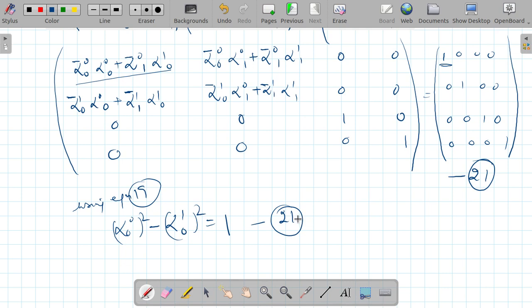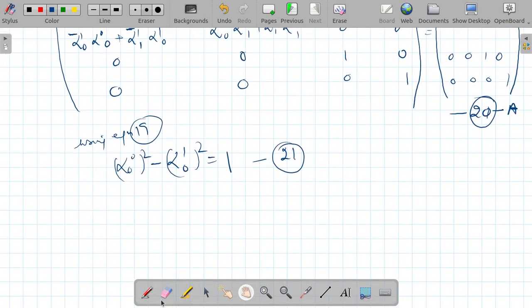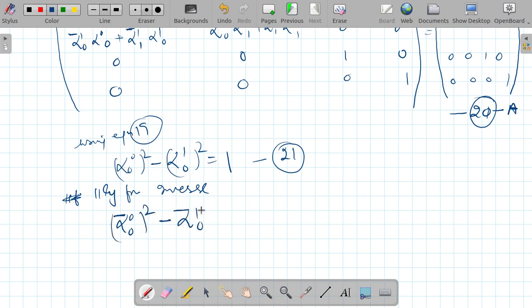Say equation number 20, and let me call it equation number 21. So a similar relationship holds for the coefficients of the inverse matrix. So similarly, for the inverse transformation, alpha 0 0 square minus alpha 1 0 square must be equal to unity, and let me call it equation number 22.